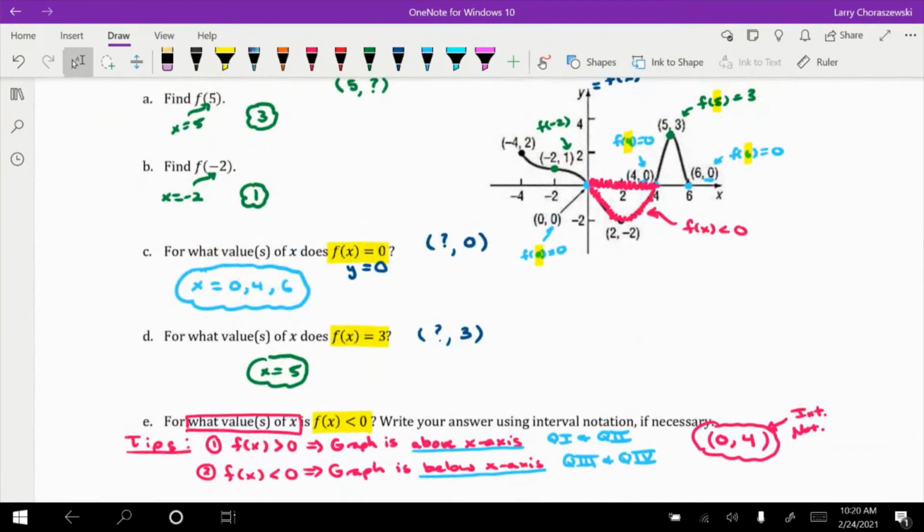And how many parts of the graph are above the x-axis? Well, we've got a part that's in quadrant 2. When I'm shading in orange, that's definitely above the x-axis. And then we have this part of the graph in quadrant 1. This is definitely above the x-axis as well.